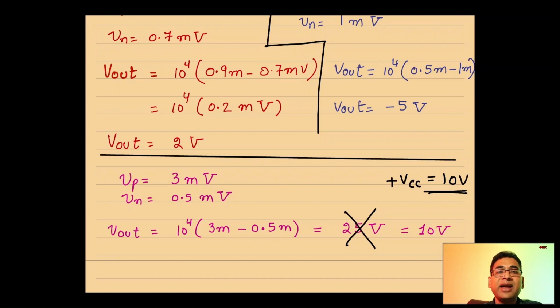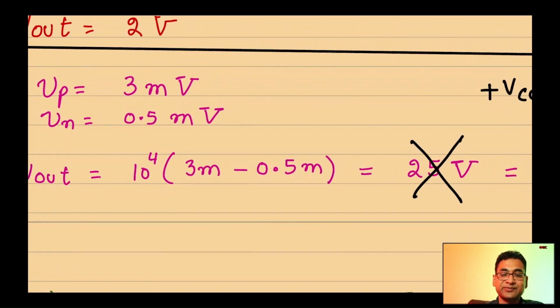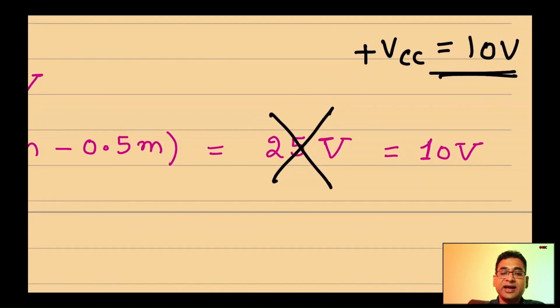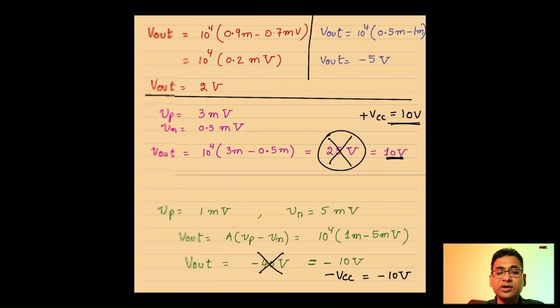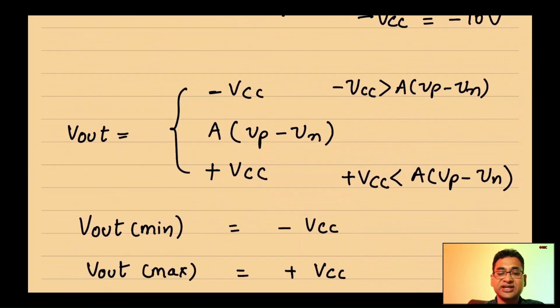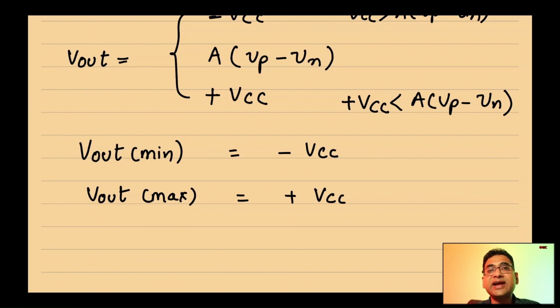It's going to remain constant at the power supply voltages, just like this example. In this example, the formula tells you that the output is really expected to be 25 volts, but then the output really levels off at the positive power supply. They are called saturation regions. We are actually going to look at this using a graph in the next video.